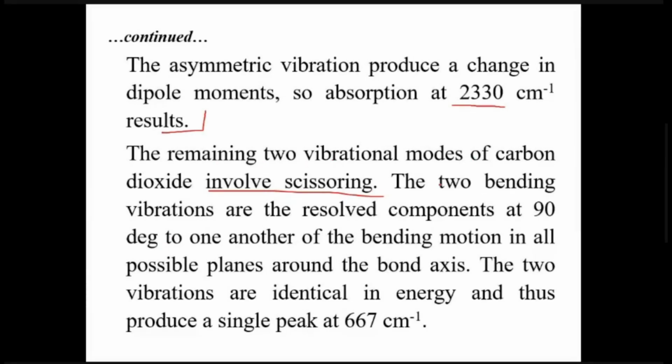The two bending vibrations are resolved components at 90 degrees to one another of the bending motion in all possible planes around the bond axis. So whatever vibrations you try to perform for that molecule, they will be very similar to each other, whether it is scissoring or any other type of motion.